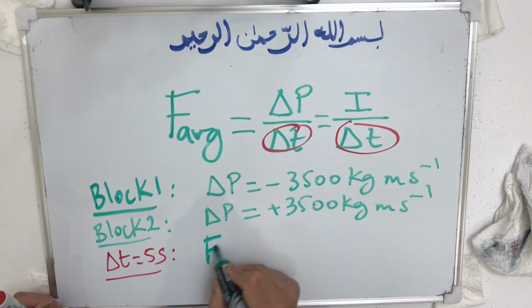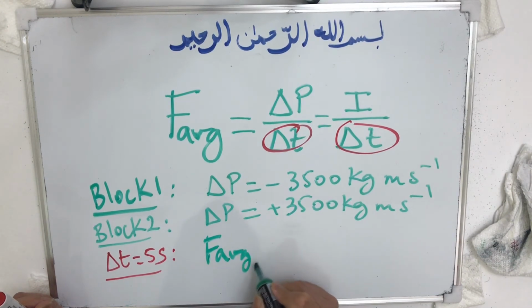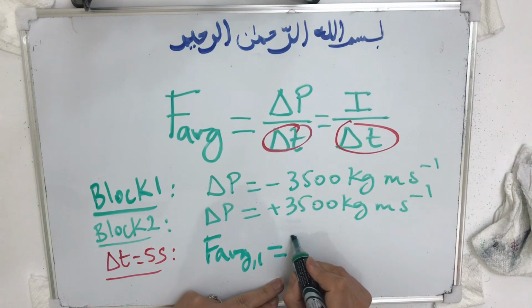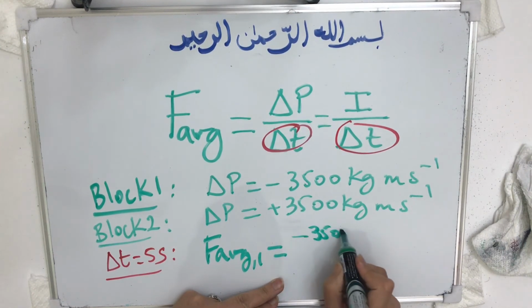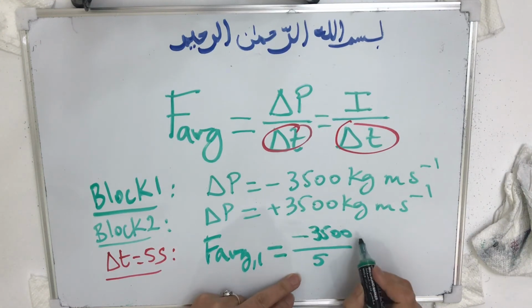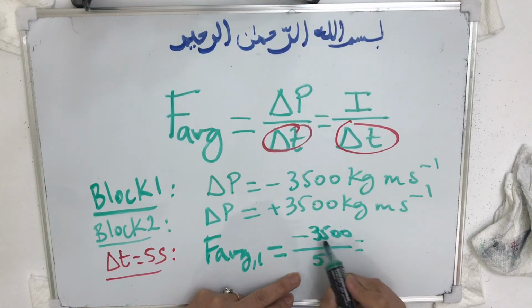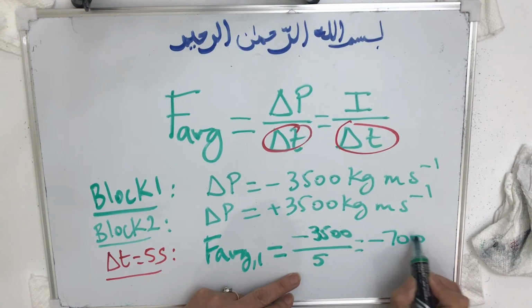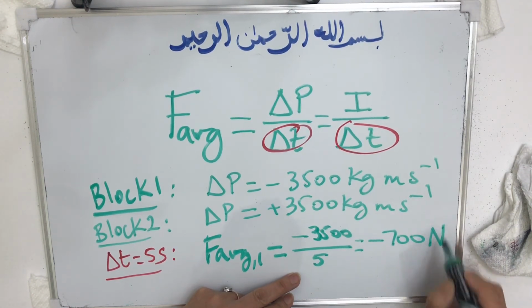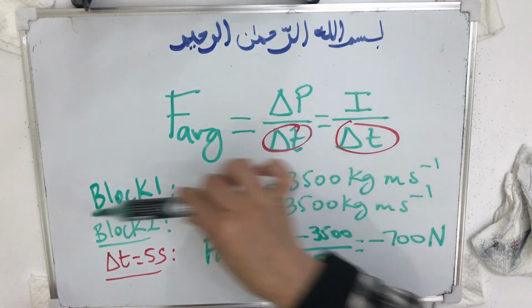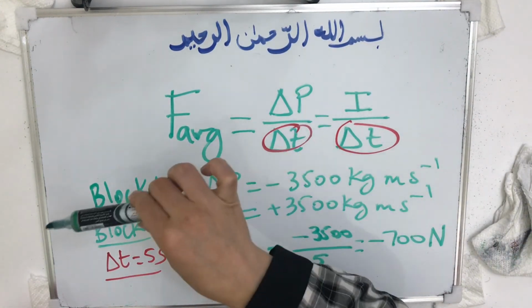So F average on block 1 is going to be the delta P, negative 3,500, divided by 5. That is going to give me 35 over 5 is 7, minus 700. It's a force, so it's Newton. So minus 700 Newton, in that direction.